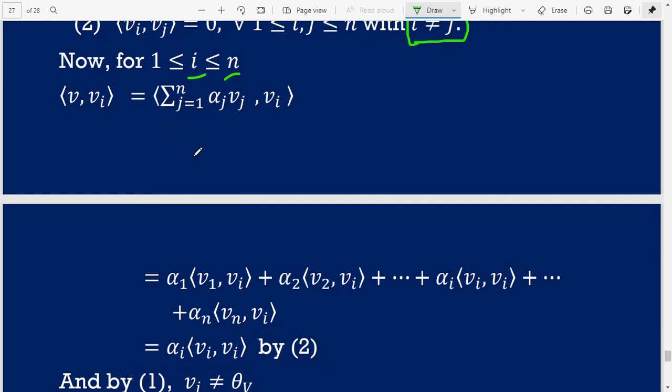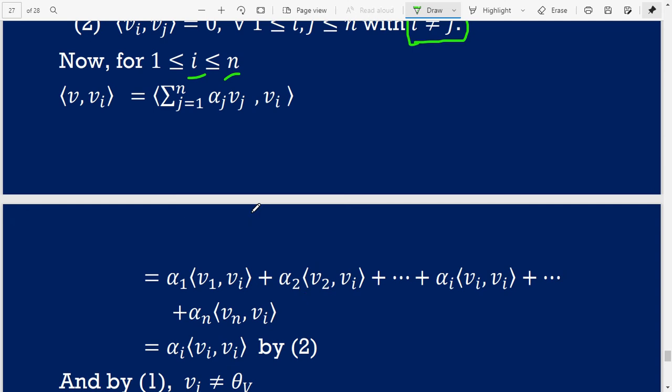So we expand the summation and we get alpha_1 times the inner product V1 with Vi, plus alpha_2 times the inner product V2 with Vi, plus up to alpha_i times the inner product Vi with Vi, plus up to alpha_n times the inner product Vn with Vi.